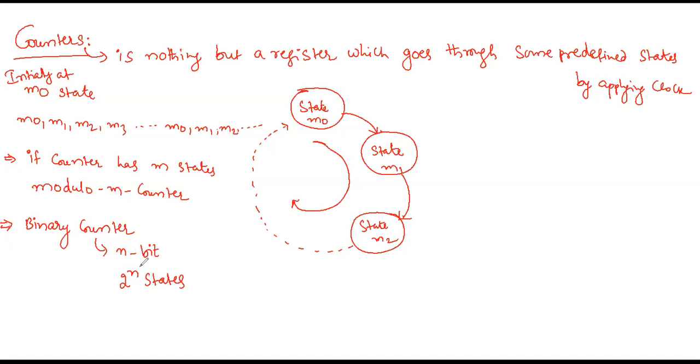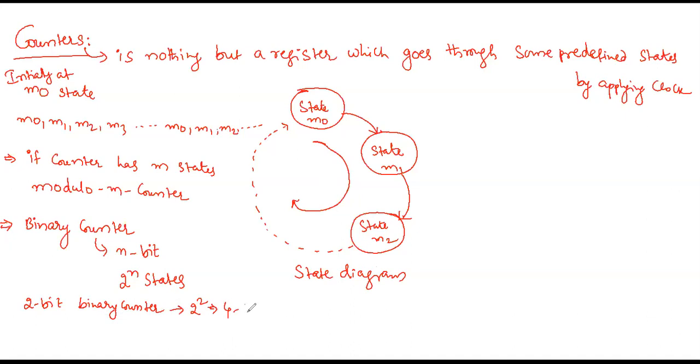For example, 2-bit binary counter. The counter's representation like this: state 0, state 1, state 2. It is known as state diagram. A 2-bit binary counter contains 4 states, 2 to the power of 2 means 4 states.